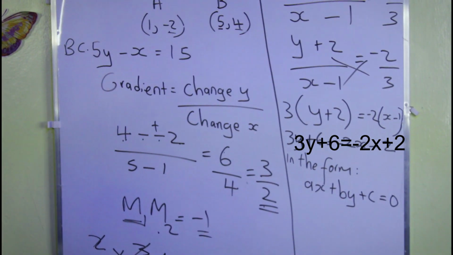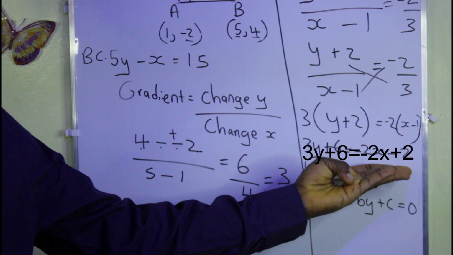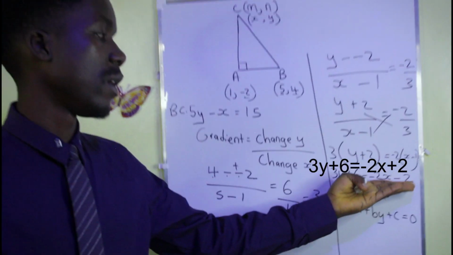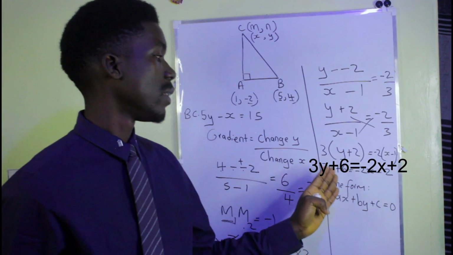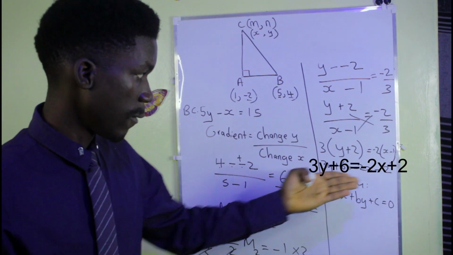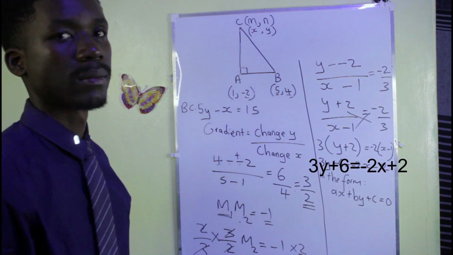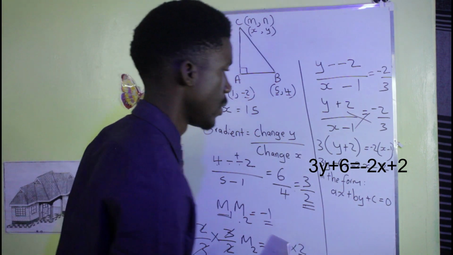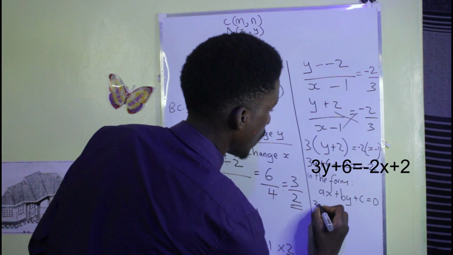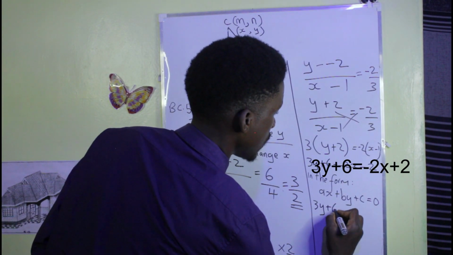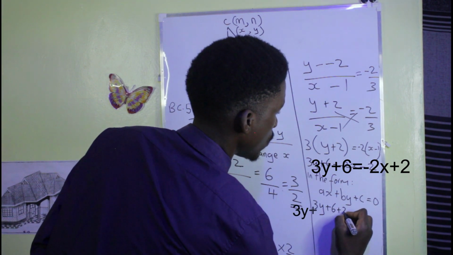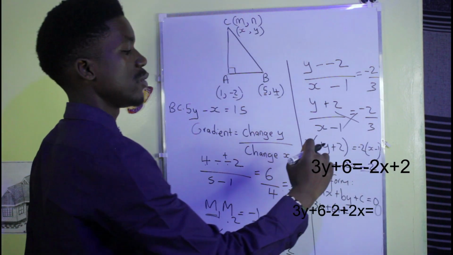It means that we should take all our terms from this side to this side. So we will have 3y plus 6 plus 2. So this 2 coming to this side will be a positive.